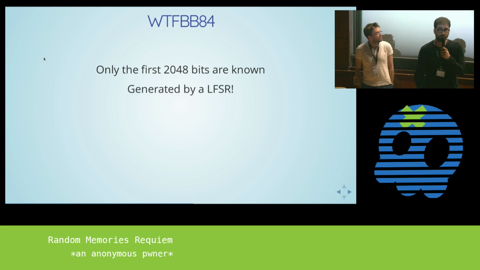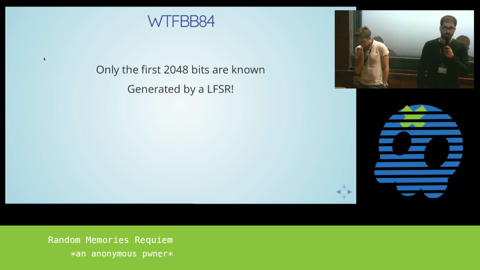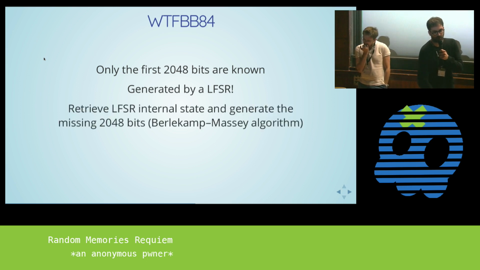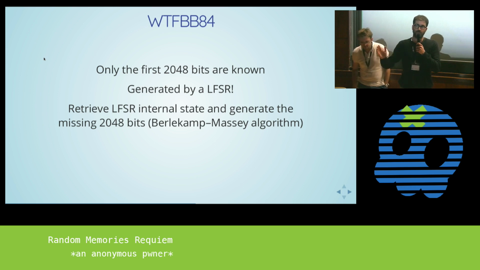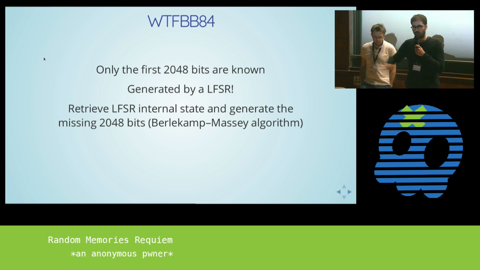So for this, we look at the implementation, and we see that they are generated with the LFSR. An LFSR has a good property: if you know a part of the output, enough bits, you can compute the whole internal state of the LFSR, and so you can generate a long output.